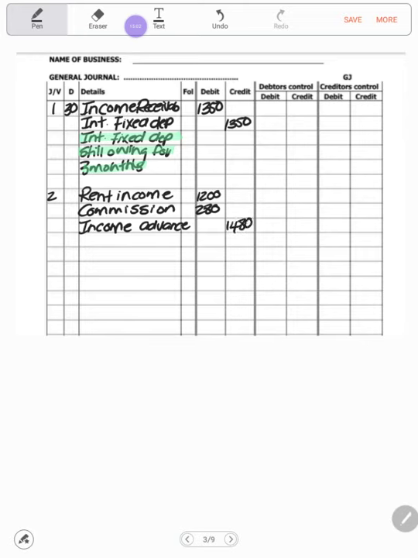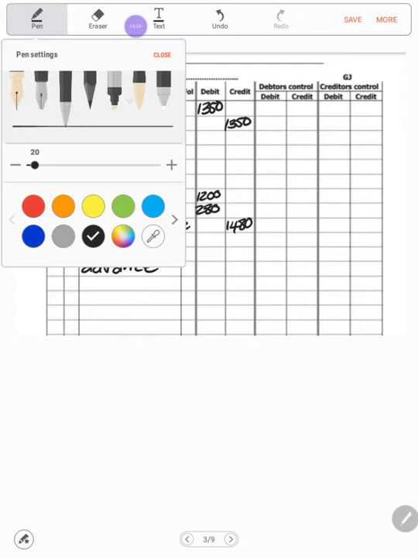And your narration would be rent income, please do not abbreviate, and commission income. What happened? Received in advance. I hope that makes sense to you, grade 10s.